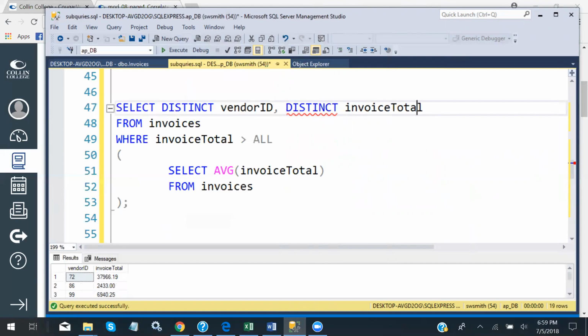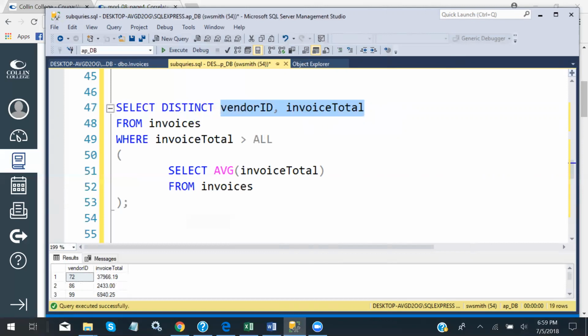When you say distinct, it applies to the whole line. It comes right after the select, and it says that this pair is distinct. So if you have a vendor ID and an invoice total that are the same, they're going to get collapsed into one.